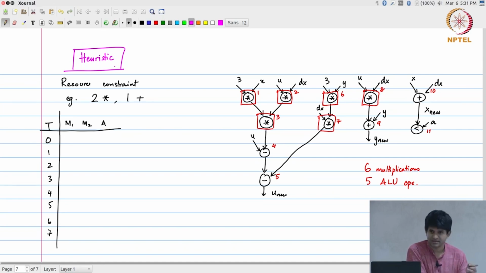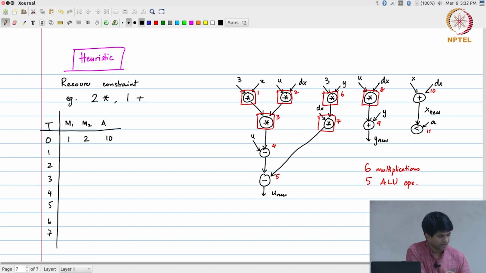So, this idea that we basically use the critical path as something to guide us, right, is a heuristic, and in this case let us just make use of that and go ahead with what we want over here. I am going to basically say operation 1 and 2 are going to be scheduled over here. What about on A? What can I schedule on the adder, on the ALU unit? Operation number 10. That is the only one that is free at this point anyway.